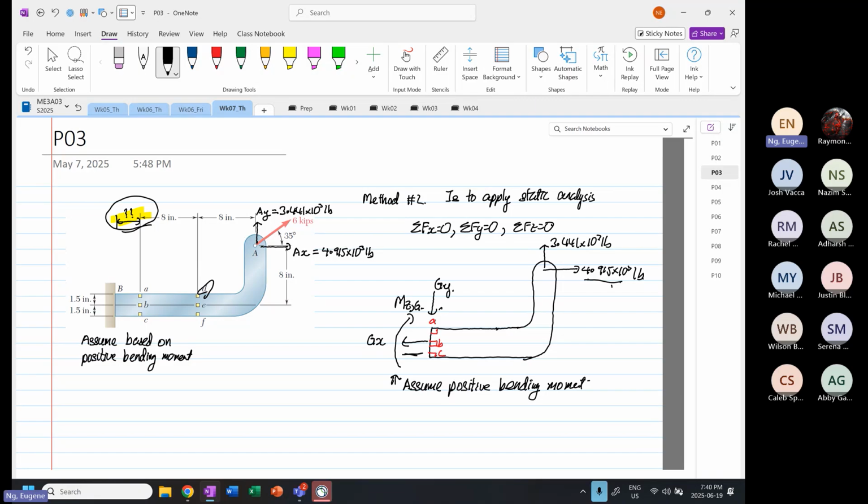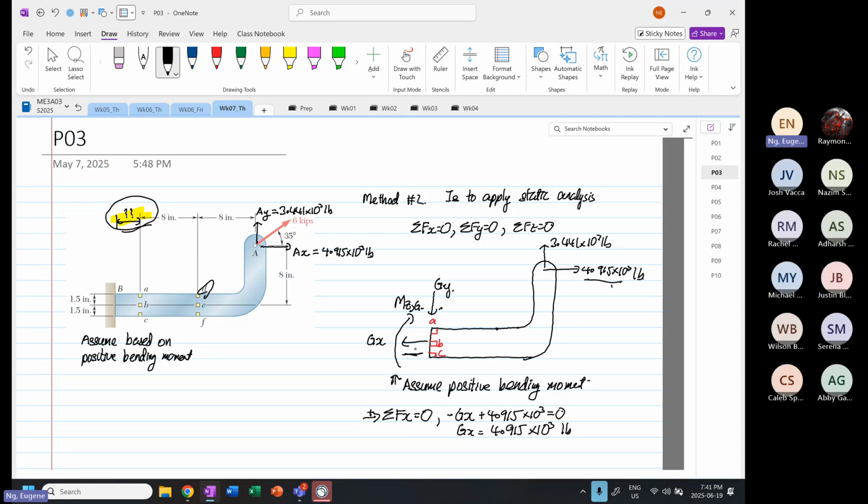Okay. So now when we use static analysis, watch this. We say summation of forces in the x direction is equal to 0. So when that's the case, you have minus GX plus 4.915 times 10 to the power 3 is equal to 0. So GX is equal to 4.915 times 10 to the power 3 pounds.